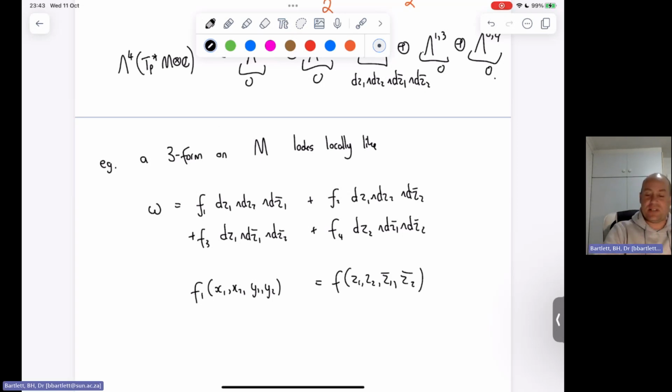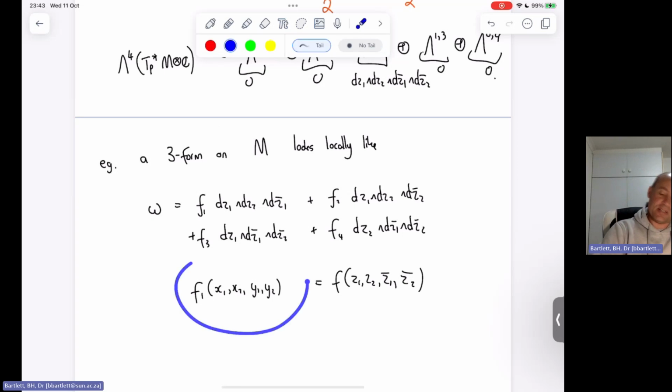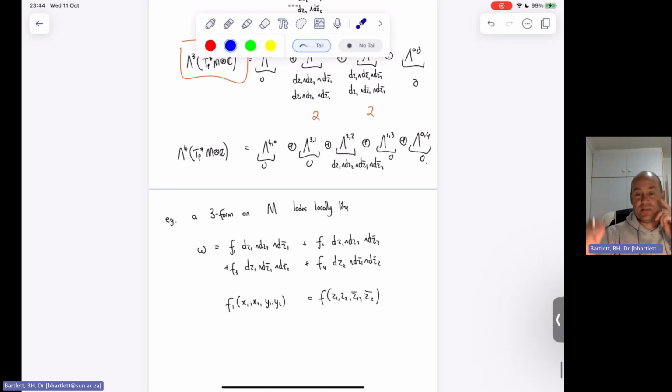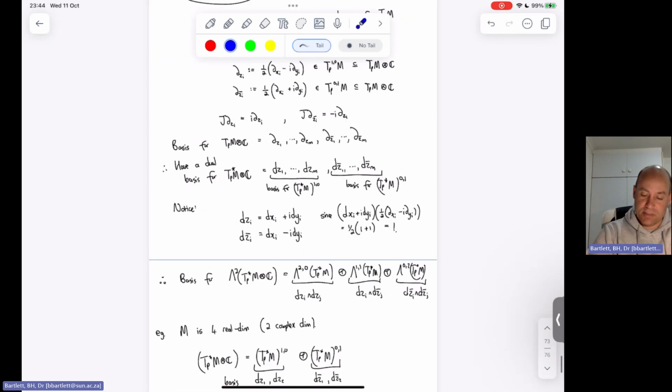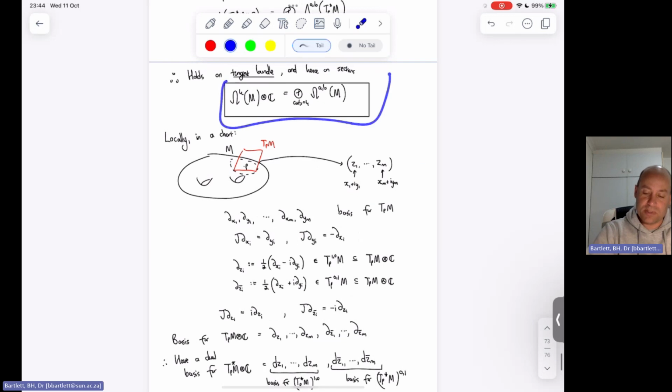But the important point is that there's no condition on them. They just have to be smooth functions. So smooth linear combinations of these basis vectors locally, that's what a 3-form is going to decompose as on an almost complex manifold. So I hope you understand now this very important decomposition of forms on an almost complex manifold.